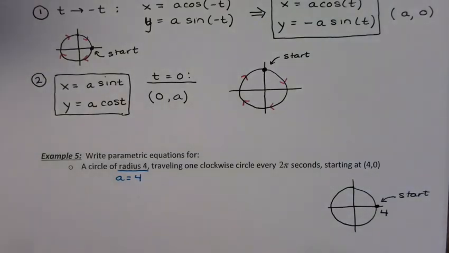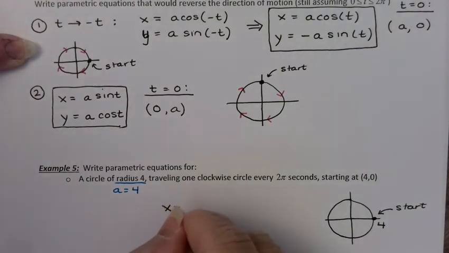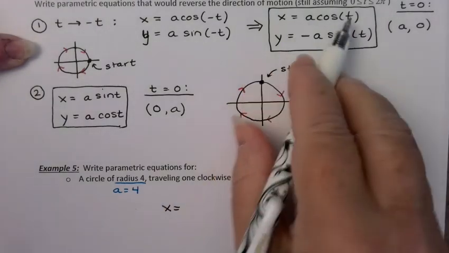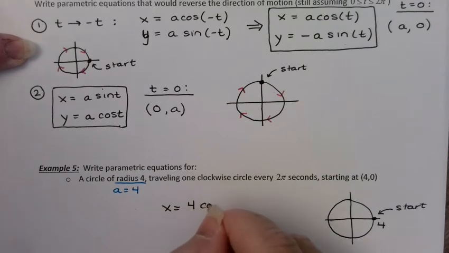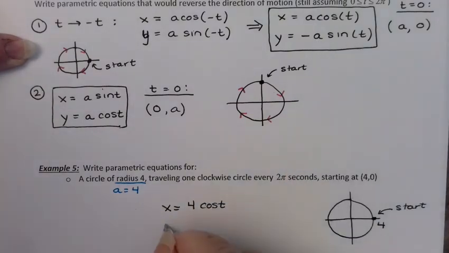Given that we want to start at (4, 0) on the x-axis, option 1 is our better choice, right? That's the one where we started on the x-axis. So I'm going to go ahead and say x would be 4 cosine t, and then y would be negative 4 sine t. And that's all there is to it.